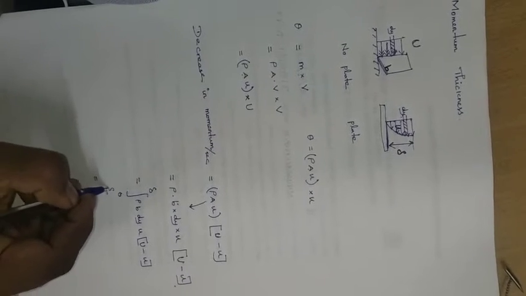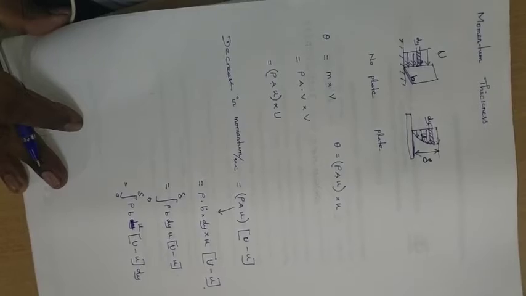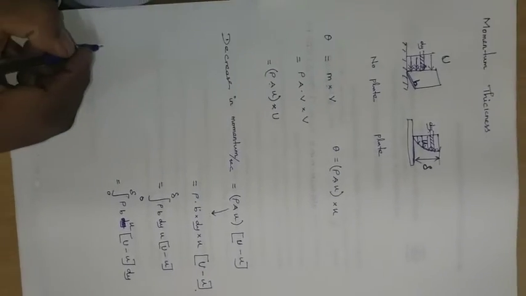So finally you can write like this: rho b into (capital U minus u) into u dy. So this is our total momentum loss per second, right?